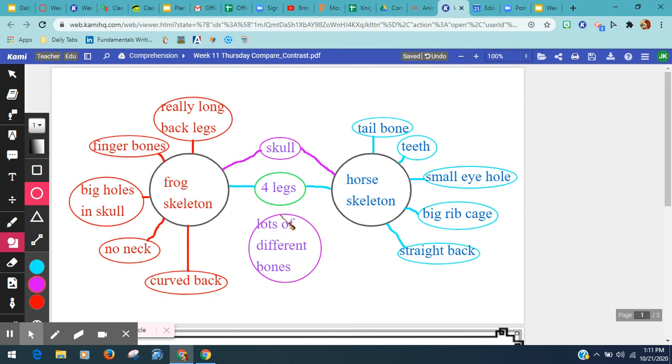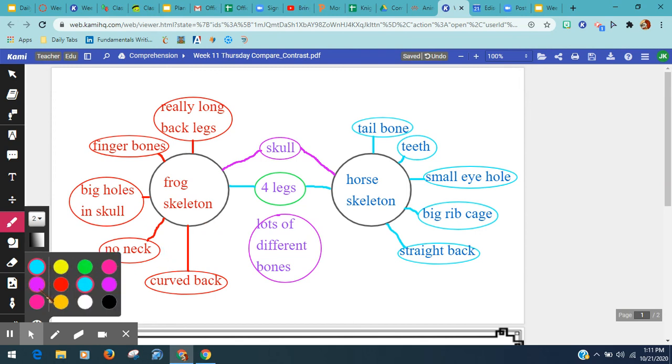Draw a line, and remember, this is true for both of them, so I'm going to connect it to the frog and the horse. It's true for both.